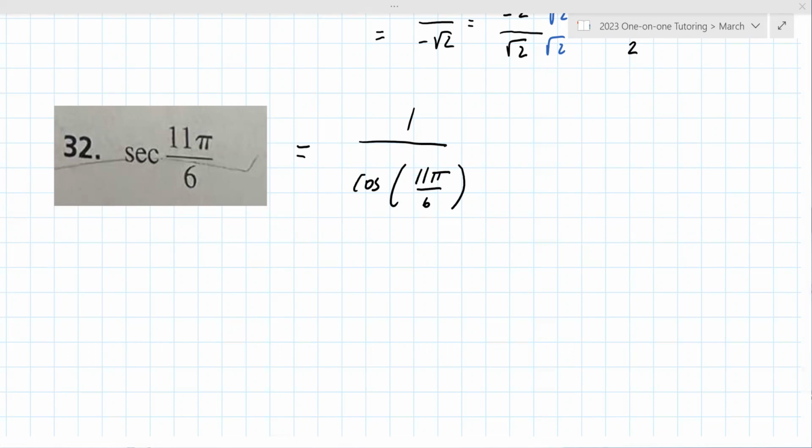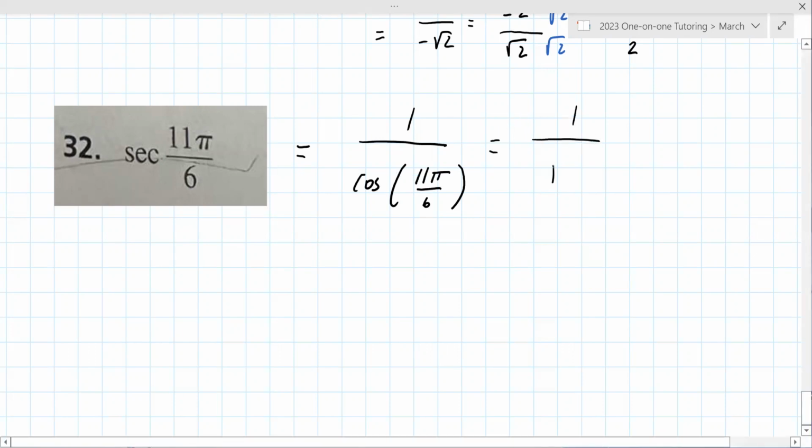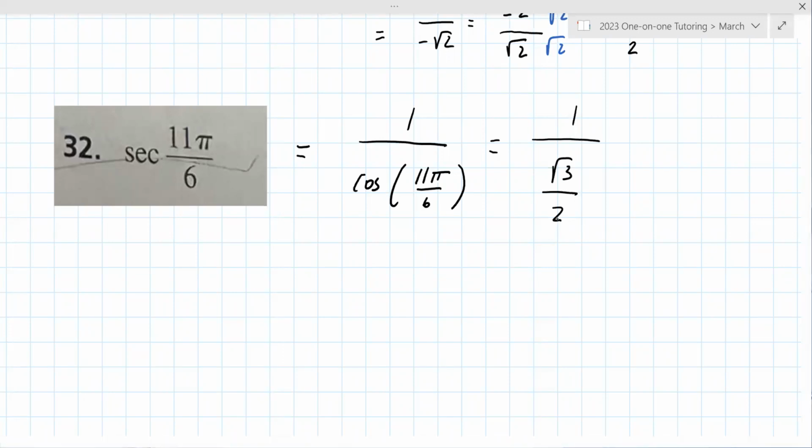Is that on the unit circle? Yes, so it would be radical 3 over 2. So this is 1 over radical 3 over 2. So from here you have to simplify the fraction within the fraction by multiplying by the reciprocal and then rationalizing. Would you give that a shot here and see if you have any issues with that?